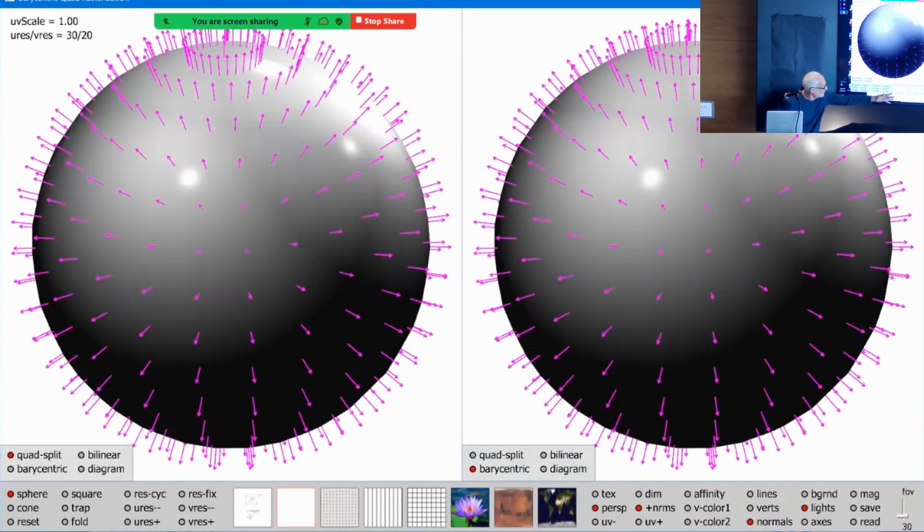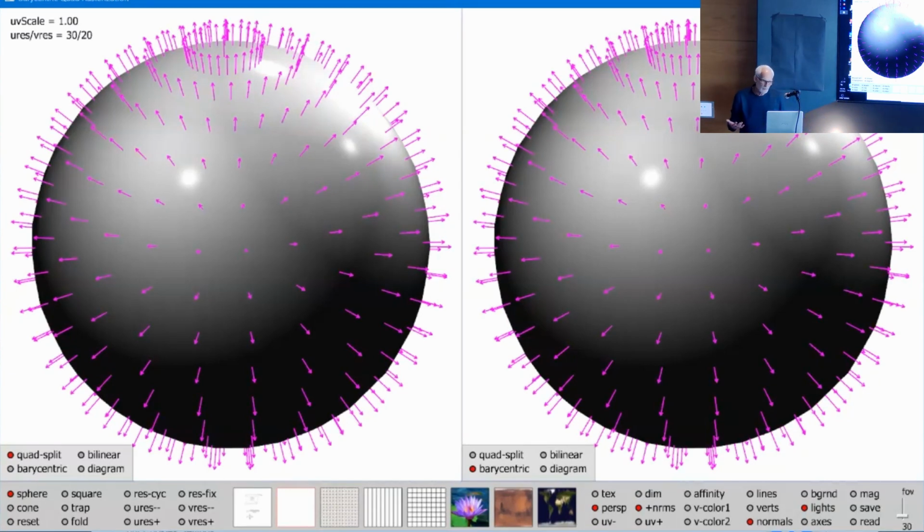On the right, we're not seeing any real difference, because there isn't any real difference in the normals as you go around the top of the pole. So with texture mapping, a sphere looks bad, and this barycentric method can correct it. But if you're not texture mapping, it doesn't really look too bad.